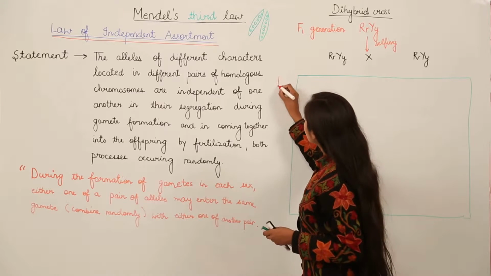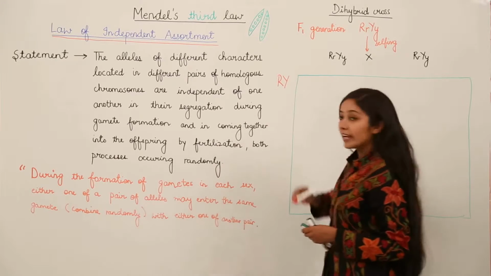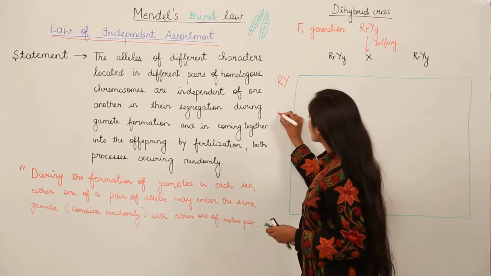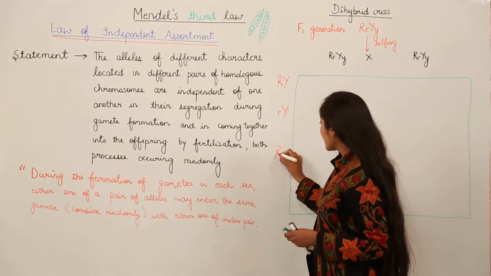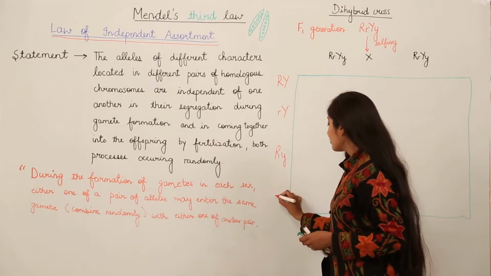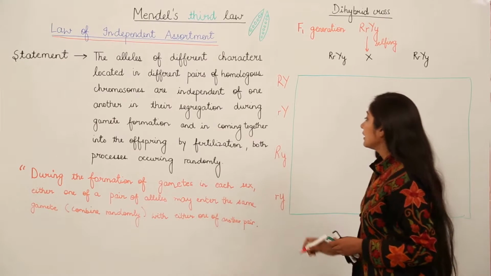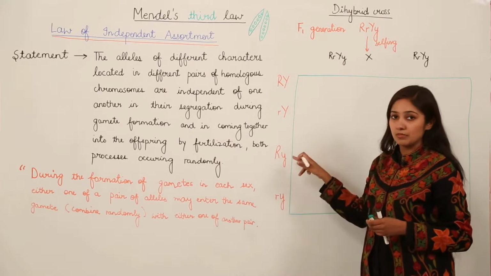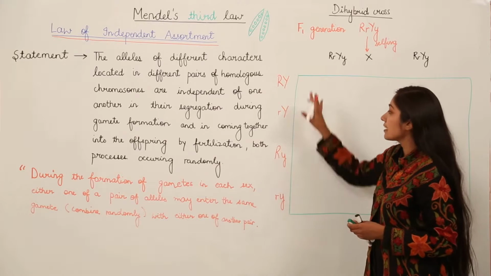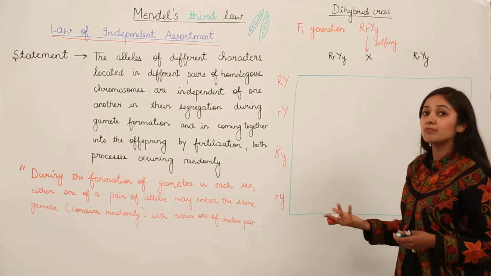It can be capital R, capital Y, right? It can be small r, capital Y; it can be capital R, small y; or it can be small r, small y. So these are the maximum possible 4 outcomes. When we talk about a pair of alleles, these are the 4 outcomes that could be possible.